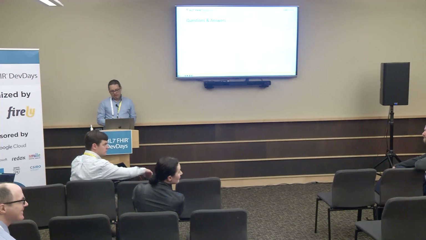Look, I think so. One of the things that's already in train is a feature being added to the IG Publisher tooling to automatically add that FCP icon to your IG.